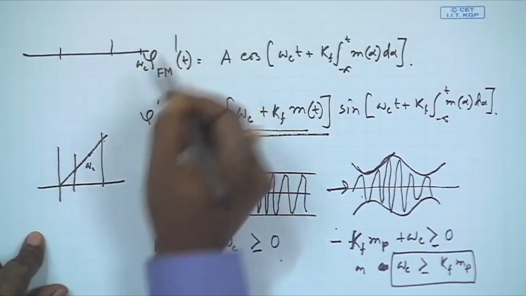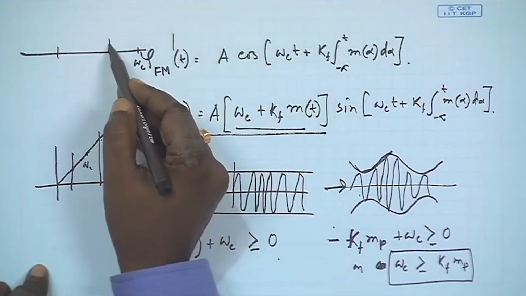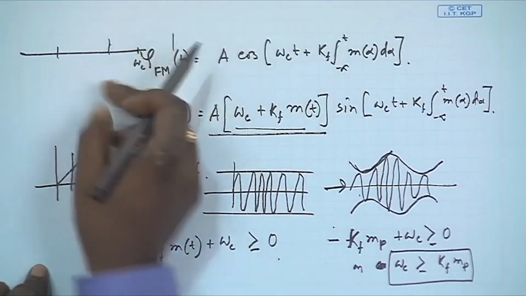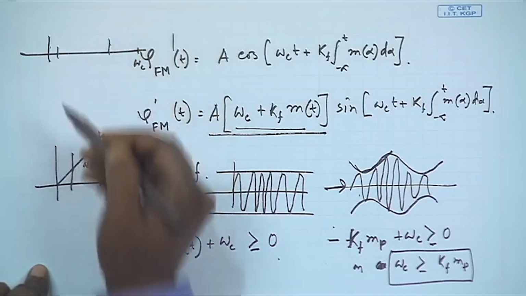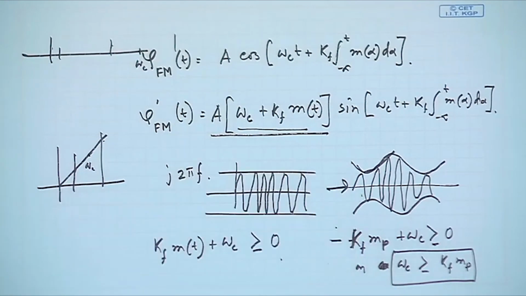Now, the bandwidth is definitely bigger than twice del f, or del omega c. If this is already bigger than my omega c, then what will happen? This will come even beyond 0 and there will be aliasing. So, whenever I do FM, I will make sure my omega c is bigger than del f, at least; it has to be bigger than del f plus B according to Carson's formula, right. So, it has to be done.